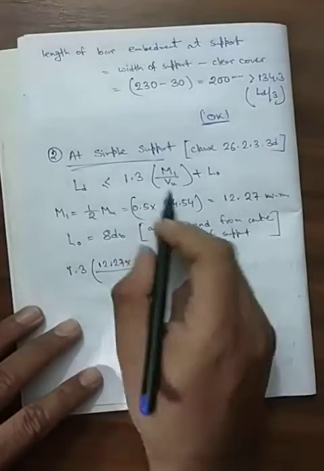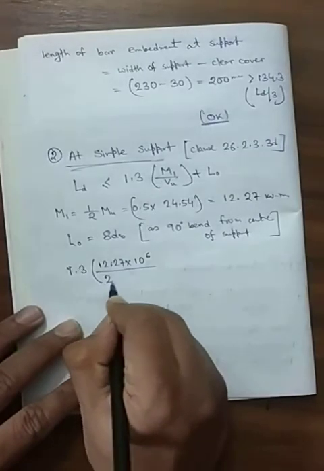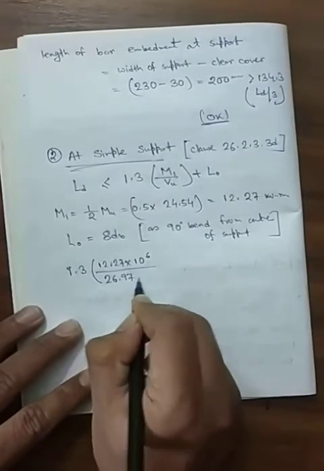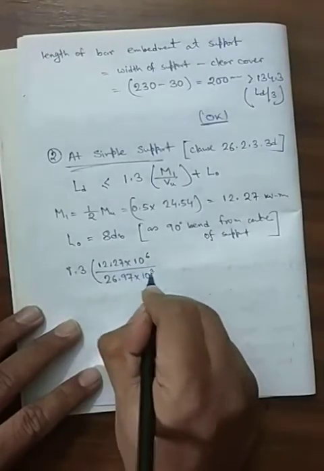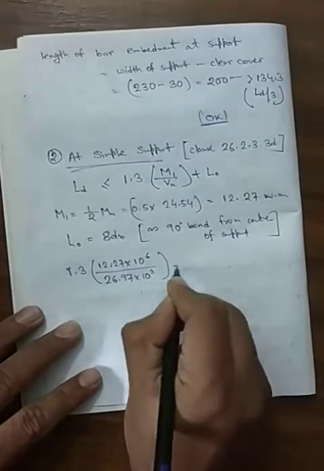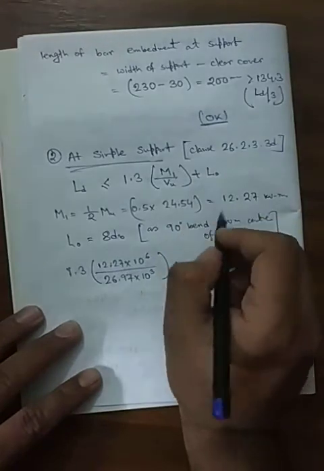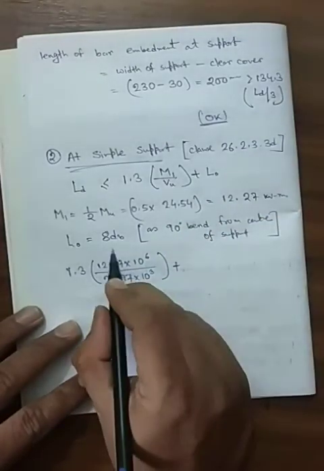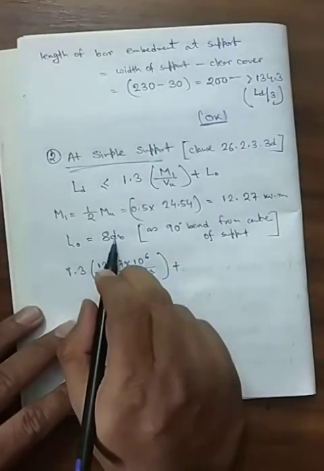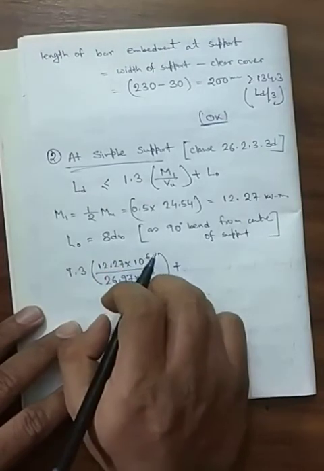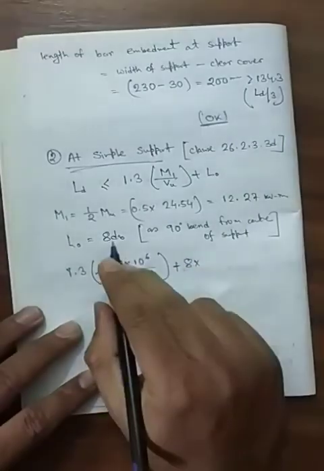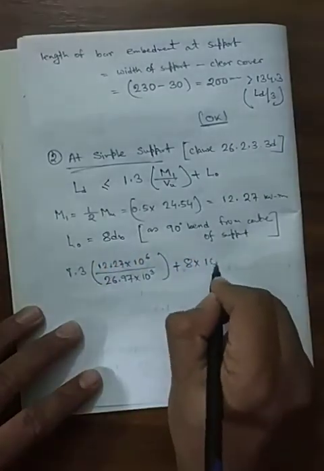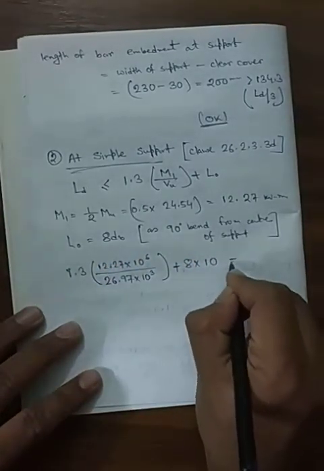And Vu is 26.97 kilonewton; we convert it into newton by multiplying by 10 to the power 3, plus L0. L0 is 8 dB, and dB is nothing but the diameter of the main bar. So 8 into dB, and dB is 10.